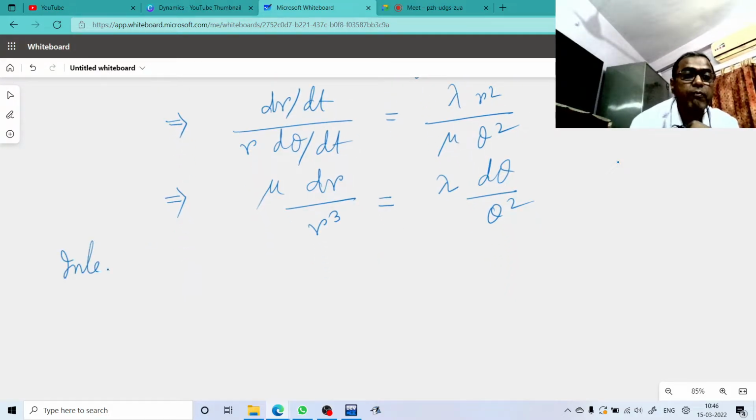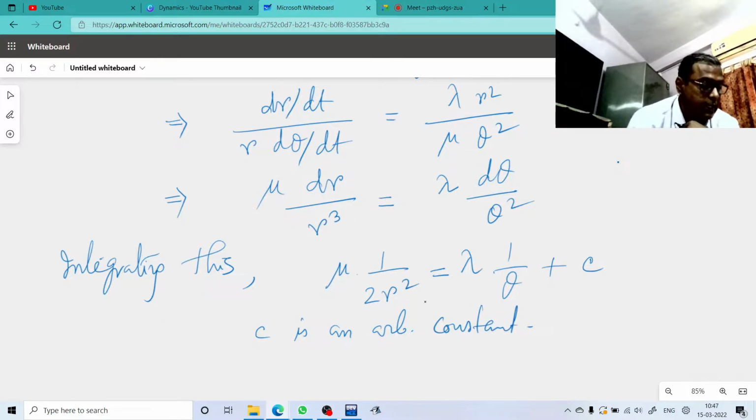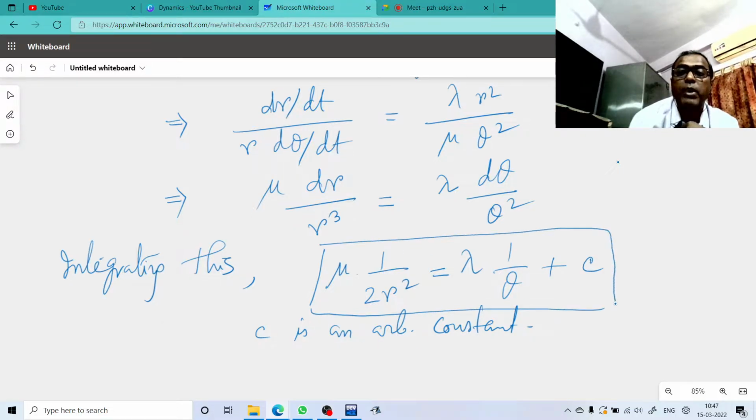Integrating this, we get mu into 1 by 2r square equals lambda by theta, plus some constant c. C is an arbitrary constant. And this equation is the equation of the path.